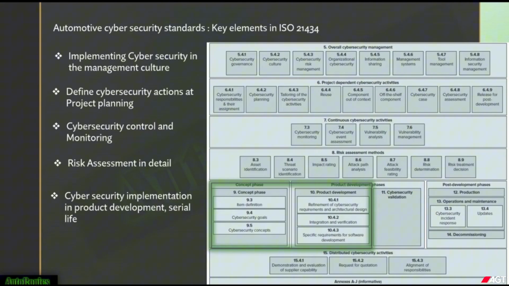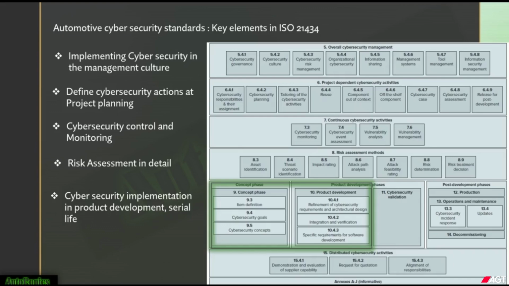So what does this refinement of cybersecurity requirements and architectural design include? Those are understanding and complying with the cybersecurity requirements from a higher level to the lower level, preventing the introduction of new vulnerabilities, and identifying and managing known vulnerabilities if applicable.